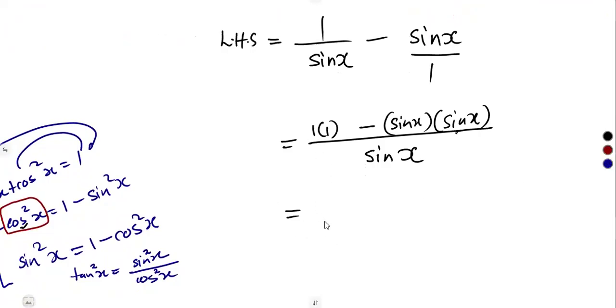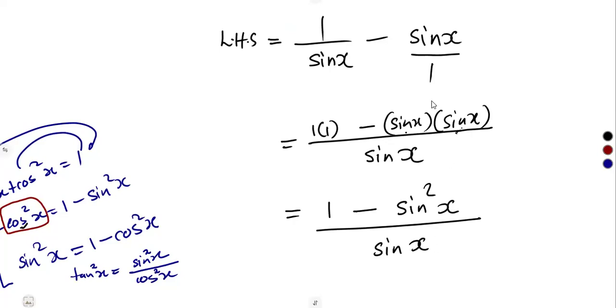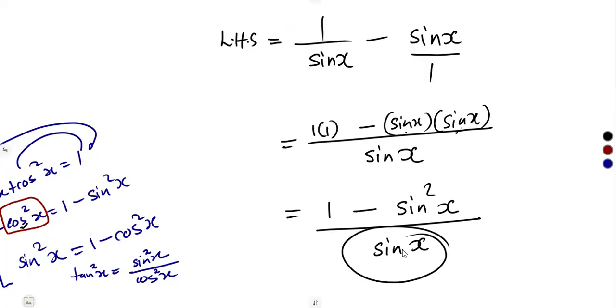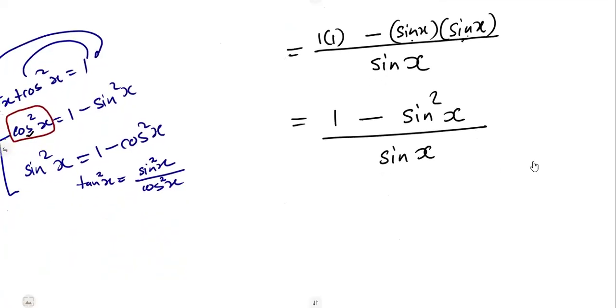So let's simplify. 1 times 1, that is 1, minus sine times sine, which is what? Sine squared of x. Everything over the sine of x. Remember, when we are working addition and subtraction of fractions, you keep the LCD, the LCM, throughout. You keep that one throughout. So let's simplify, guys.